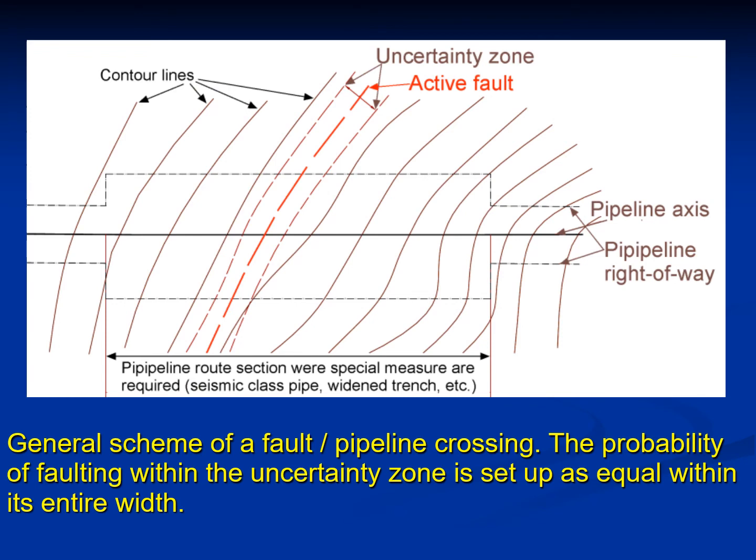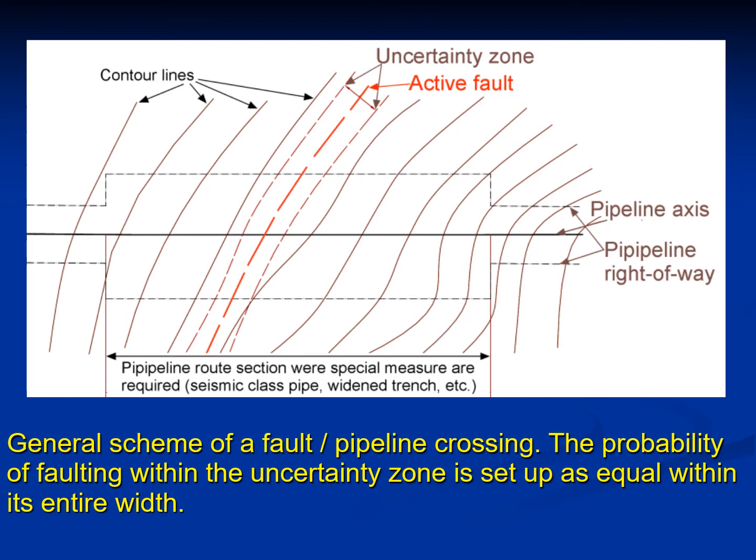Finally, we came to the decision that besides the central line of the active fault shown, let's say, on the map, we must always define some uncertainty zone with the probability of faulting within this uncertainty zone considered to be equal within its entire width.